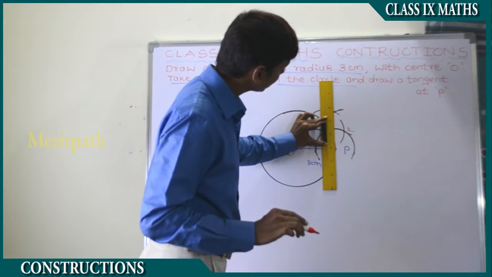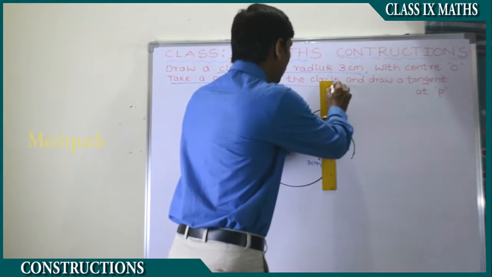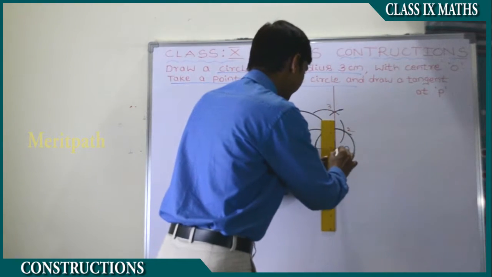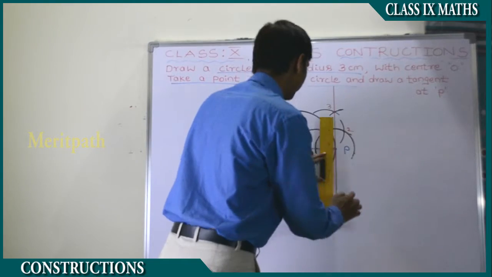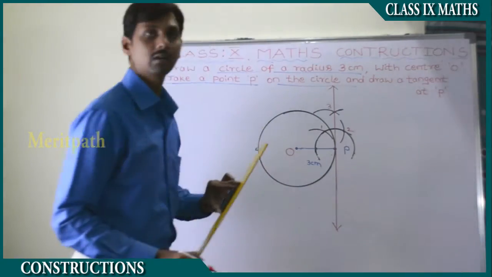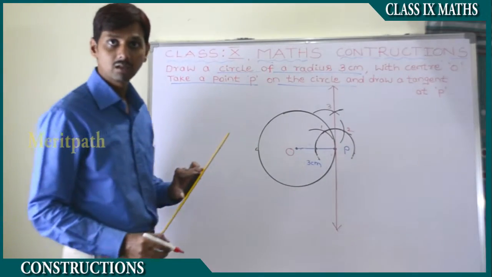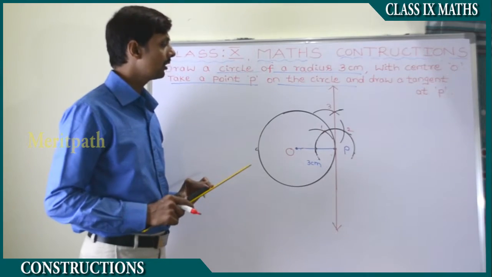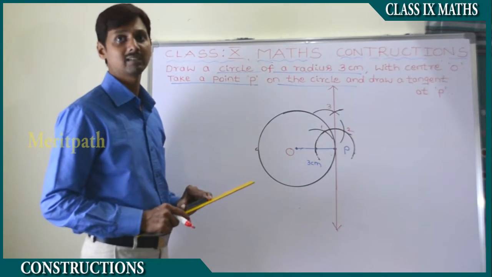Draw a line which is touching the 2 points. Now it's a tangent to the point P of a circle which is having 3 centimeters radius.